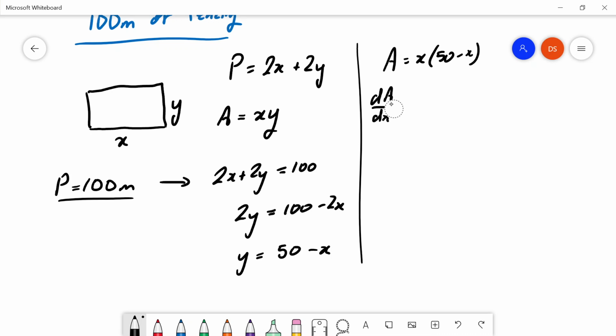But before I can differentiate this, I need to expand. So I get 50x minus x squared, and so that is the area, and so to differentiate, dA by dx, multiply by the power, take 1 off the power, multiply by the power, take 1 off the power. Remember, the optimal point happens when the gradient is 0.